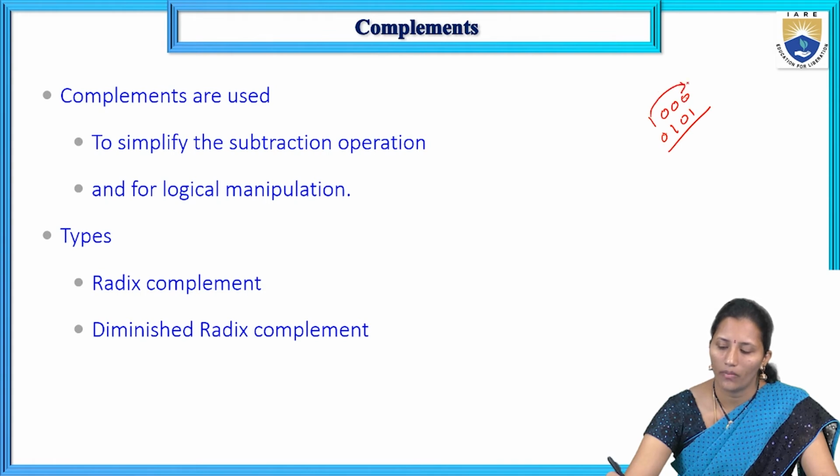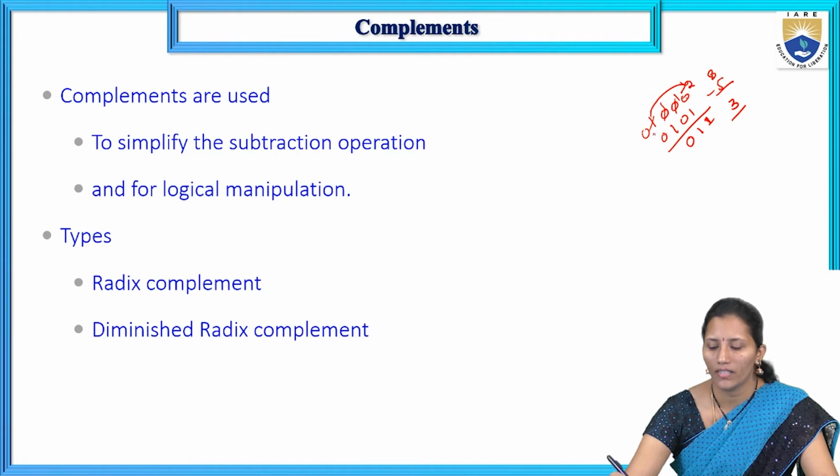We are taking the borrow from here. It is 2, because it is a binary number system. So 2 minus 1 is 1. 1 minus 1 is 0. 1 minus 1 is 0. So that is 3. 8 minus 5 gives 3.